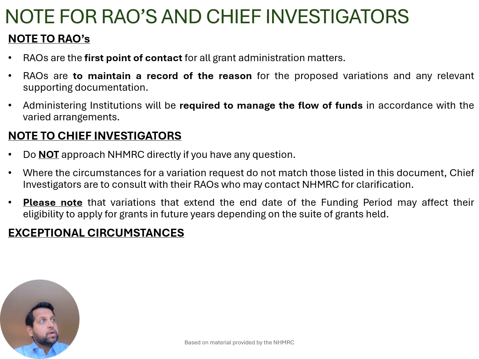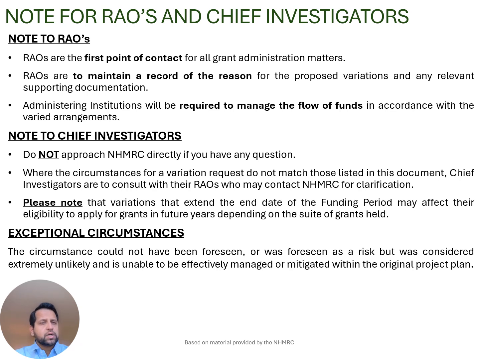As we discussed previously, NHMRC will only accept variations in exceptional circumstances. What's an exceptional circumstance from NHMRC's perspective? A circumstance that could not have been foreseen, or was foreseen as a risk but was considered extremely unlikely, and is unable to be effectively managed or mitigated within the original plan.